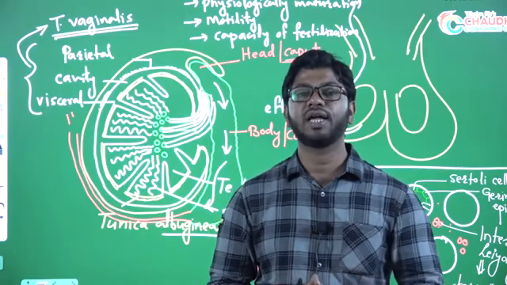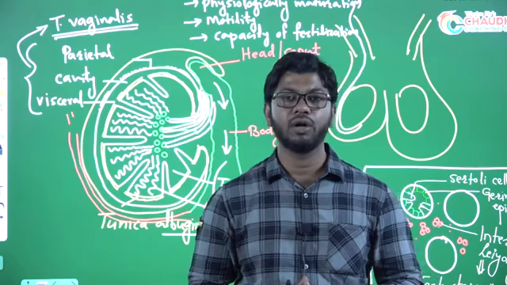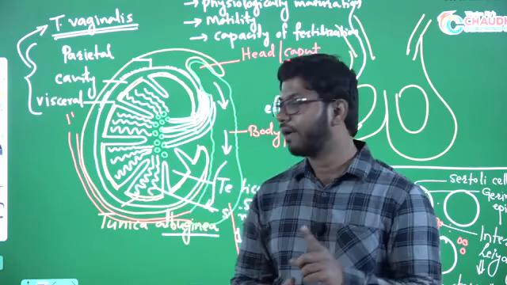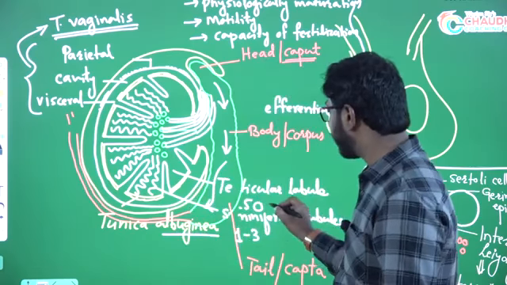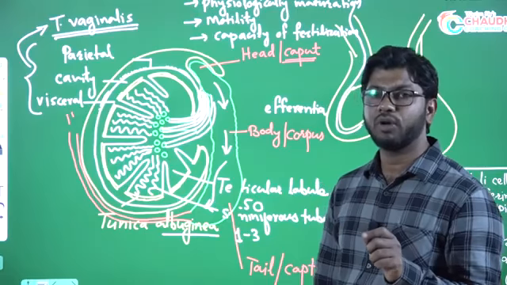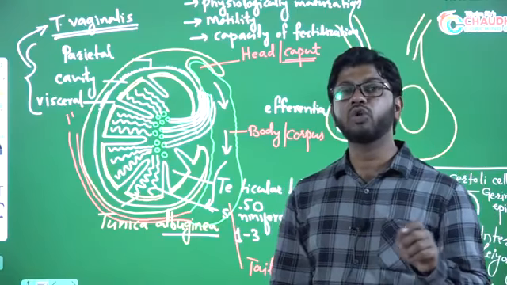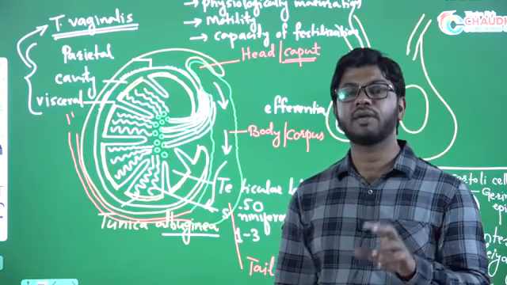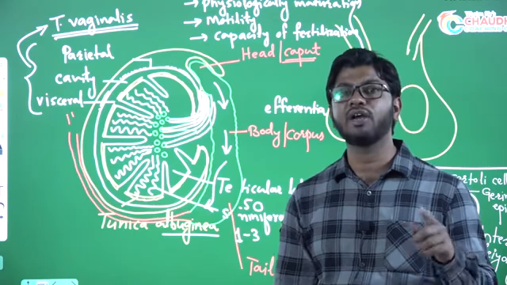That chamber is called a testicular lobule. In one testis, approximately 250 testicular lobules are present, and each lobule encloses 1 to 3 seminiferous tubules, which are highly coiled.